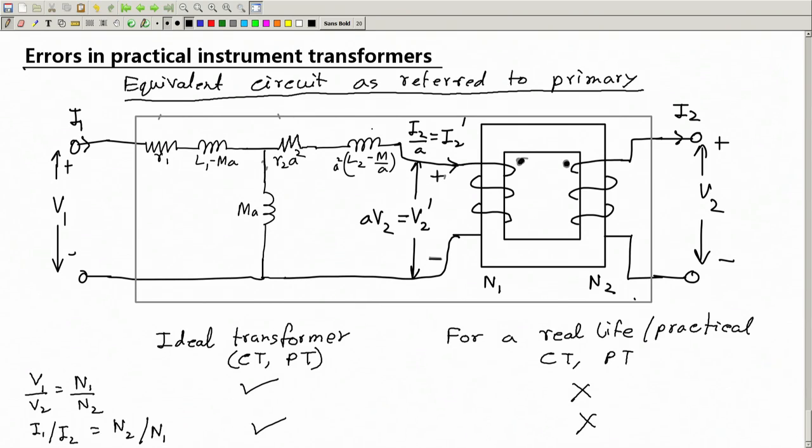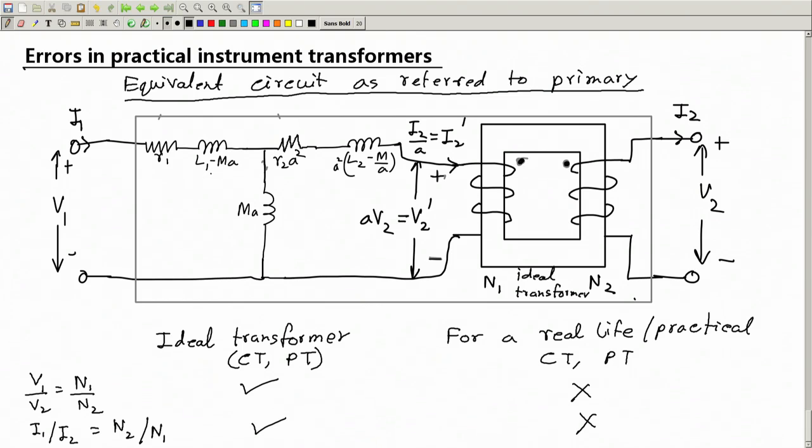This you can call the equivalent circuit referred to primary, which is made up of an ideal transformer. This part is an ideal transformer, and before it, at the primary, we have these impedances. R1 reflects the coil resistance of the primary of a practical transformer.